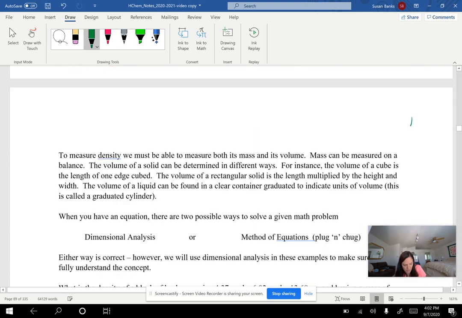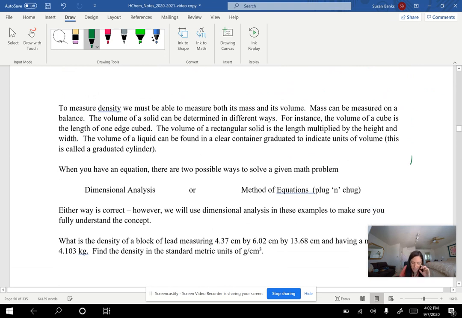To measure density, we must be able to both measure the mass and the volume of an object. Mass can be measured very easily on a balance, okay? Volume of a solid can be determined several ways. For instance, the volume of a cube is length of 1 edge cubed.